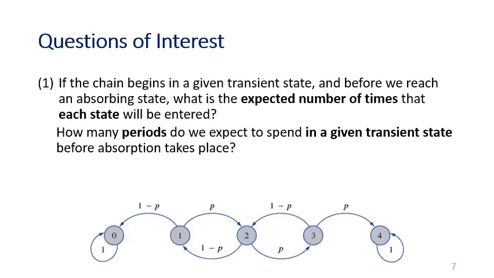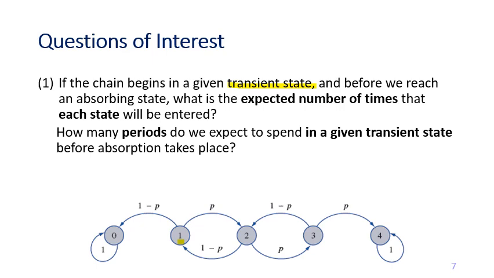When we have an absorbing chain, usually we have two types of questions. The first question is related to the transient states. So given that we start at a particular transient state, the question is: before we are finally absorbed into one of the absorbing states, what is the expected number of times that we will enter each transient state? So for example, here the states 1, 2, 3 are transient states.